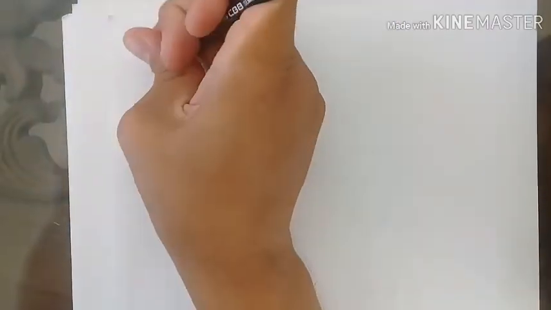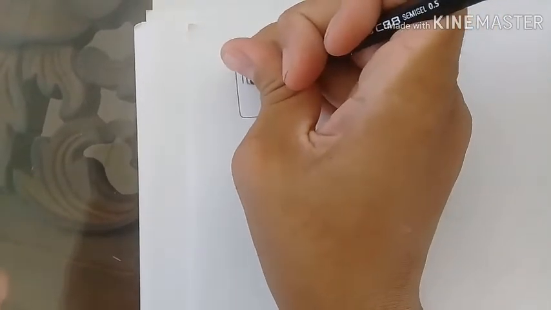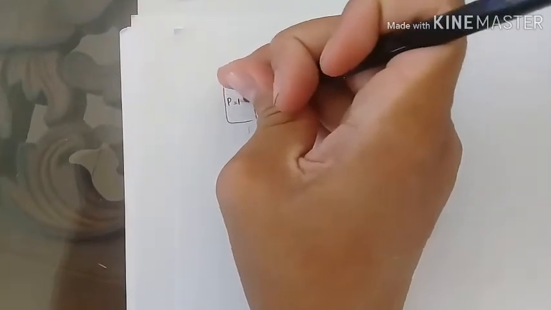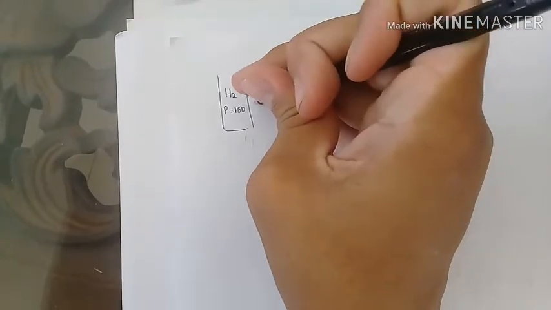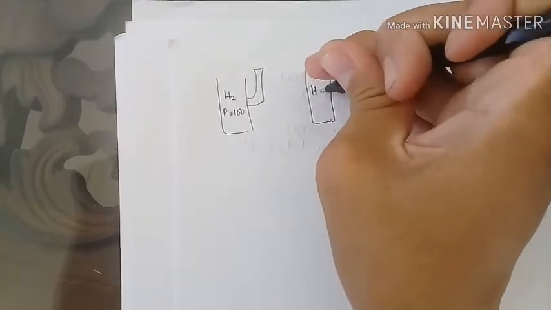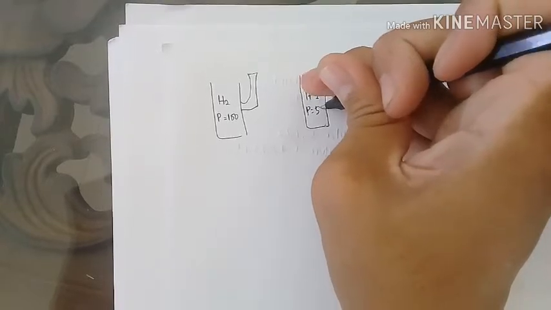First, consider the experiment shown in the figure. A container is partitioned into two compartments of equal volume. In the first stage, we have hydrogen and V is 50.